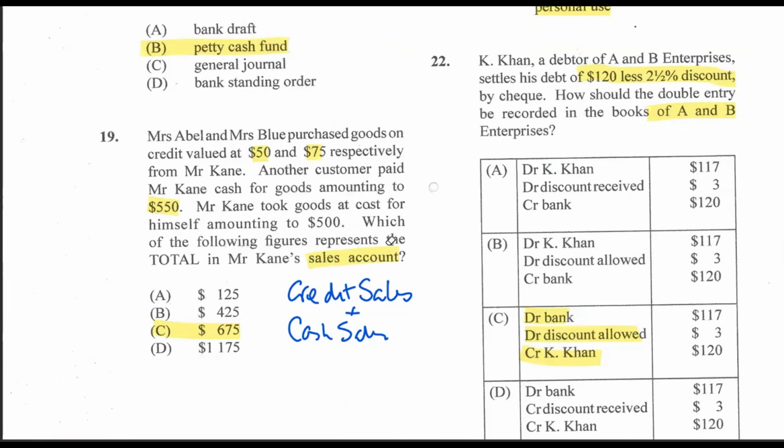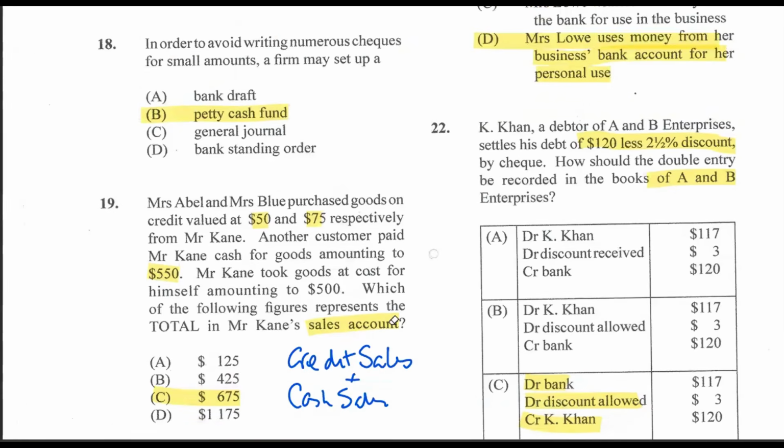Which of the following figures represents the total in Mr. Kane's sales account? Well, sales, as you all know, is made up of both credit and cash sales. So 50 plus 75 plus 550 should give us $675. Great job, guys. The amount that Mr. Kane took would have been drawings, which will not be part of the sales account.